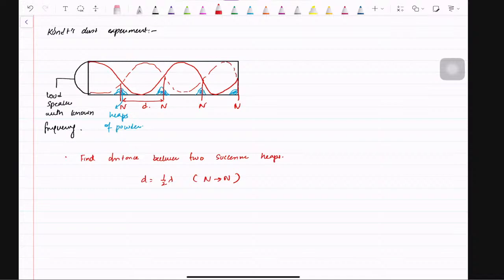Then you can use V equals F lambda to find the speed of sound, where F is the frequency of the loudspeaker. Understood?